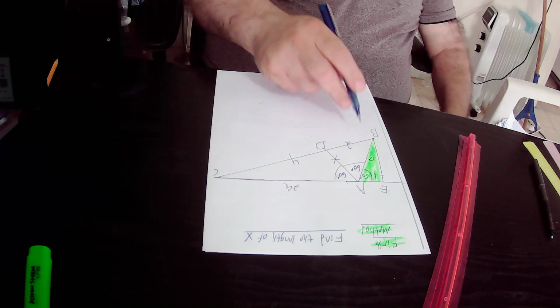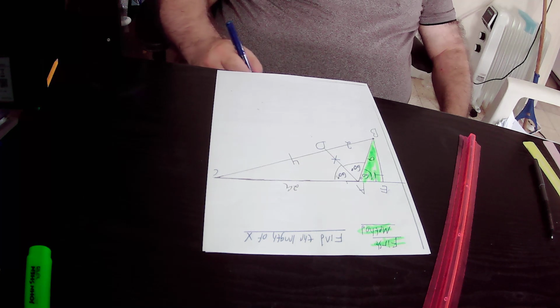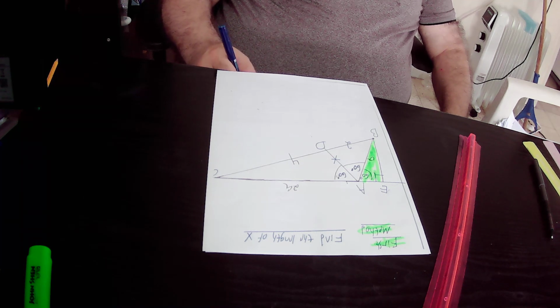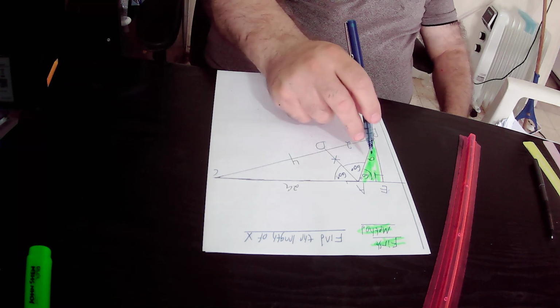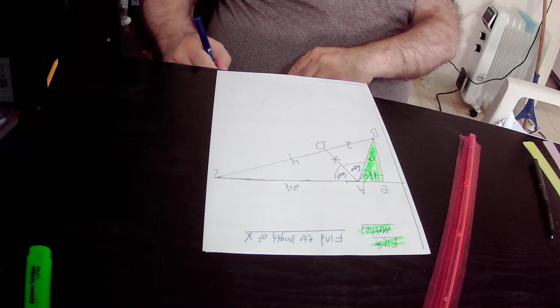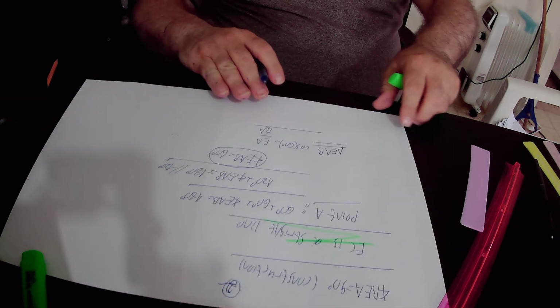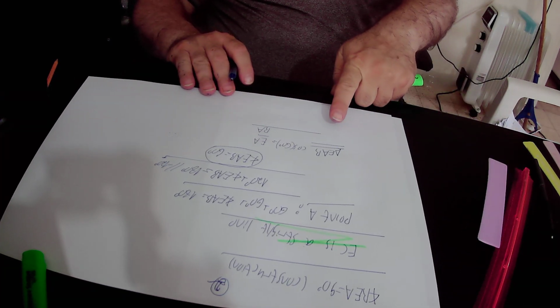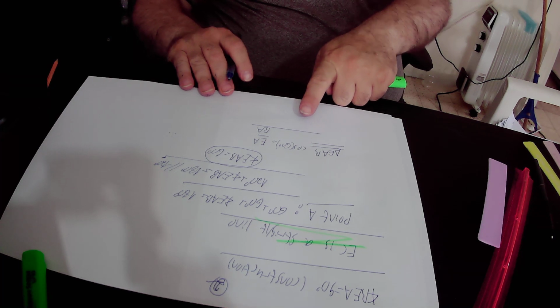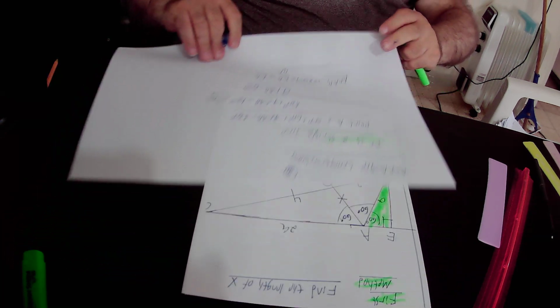On the right green triangle, triangle EAB, we know that cosine 60 degrees is equal to EA over BA. I repeat again: on the green right triangle, triangle EAB, cosine 60 degrees equals EA over BA.